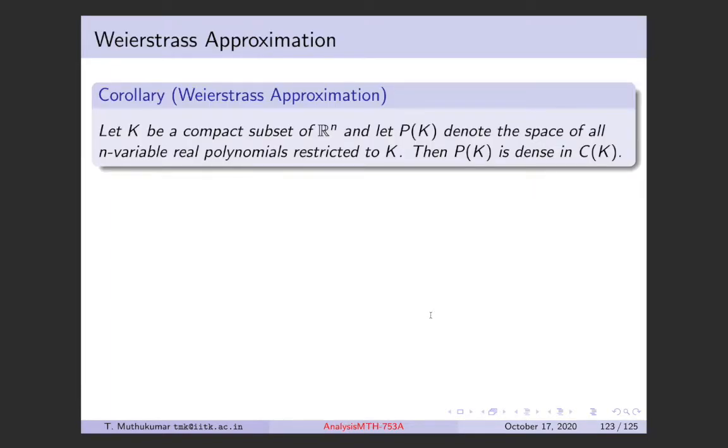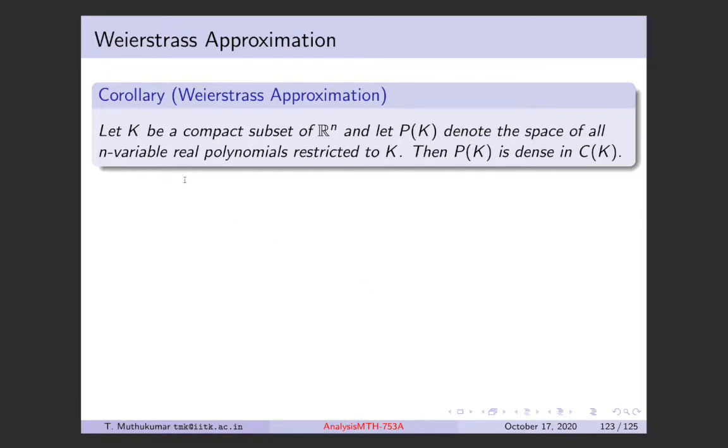Now, as a corollary, let's do this famous Weierstrass approximation theorem, right? He was the first one who actually said that the class of all polynomials is dense in the space of continuous functions.